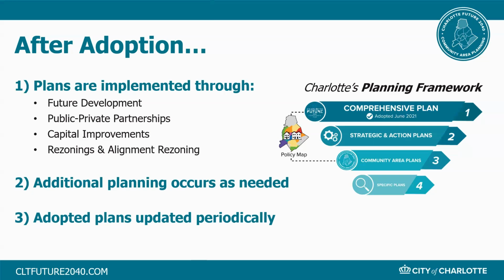Please keep in mind that planning is cyclical, so we plan to monitor and update recent plans such as the comprehensive plan and community area plans every 8 to 10 years to ensure that we are achieving what we set out to do in those plans. And it also is identifying how growth is being accounted for.